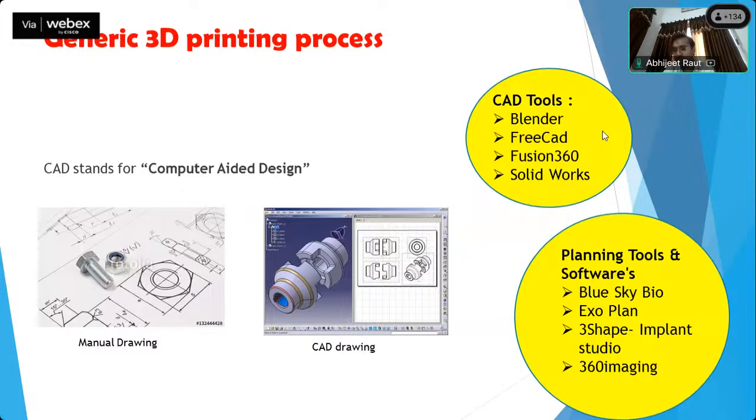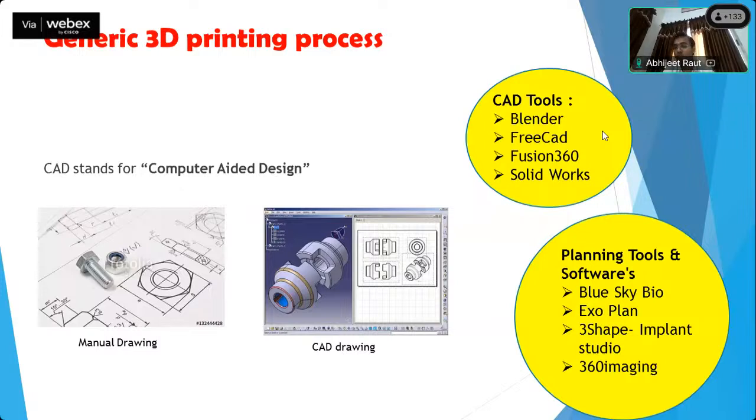These are software like Blue Sky Bio, which is used for clear aligners or for preparation of surgical guides. In my last session, I showed various applications of 3D printing, especially the ones on which we have worked. So Blue Sky Bio, you can note it down. Blue Sky Bio is free software.